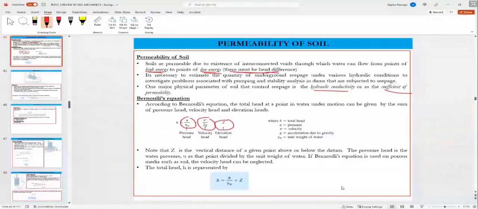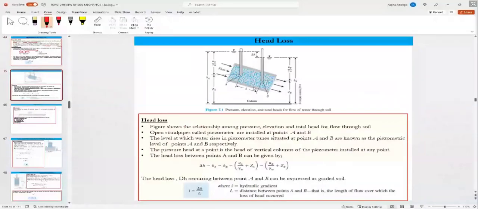Now, if it's horizontal flow through the soil, the velocity head is usually small, so we have the pressure head and the elevation head. If we have a soil column and we have piezometers or standpipes, the piezometers are used just to measure the water column level.